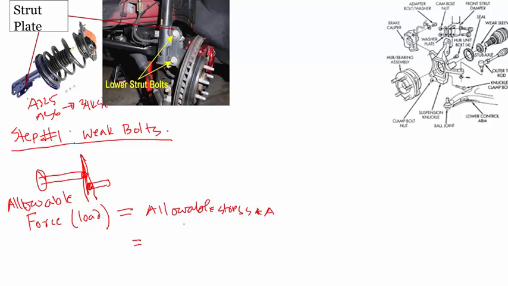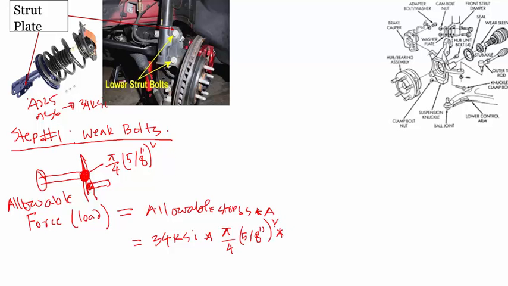That is the allowable shear stress, the maximum shear stress for A36 type of bolts. So 34 ksi times the bolt area, because this is the cross-section area of the bolt we are cutting, which is pi by 4 d squared. This bolt is 5 by 8 inch; you can go back to the video and check the bolt diameter. So 5 by 8 inch whole squared.